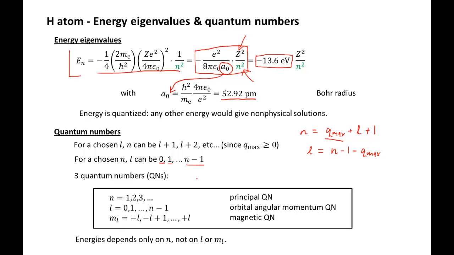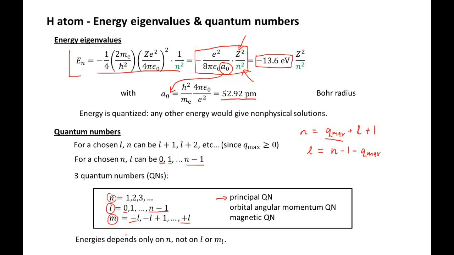So, in summary, we have three quantum numbers. We have n that can have values 1, 2, 3, and so on. This is called the principal quantum number. L is the orbital angular momentum quantum number and can have values between 0 and n minus 1. And lastly, m sub L is the magnetic quantum number that can run from negative L to positive L. We had this quantum number already in the rigid rotor.